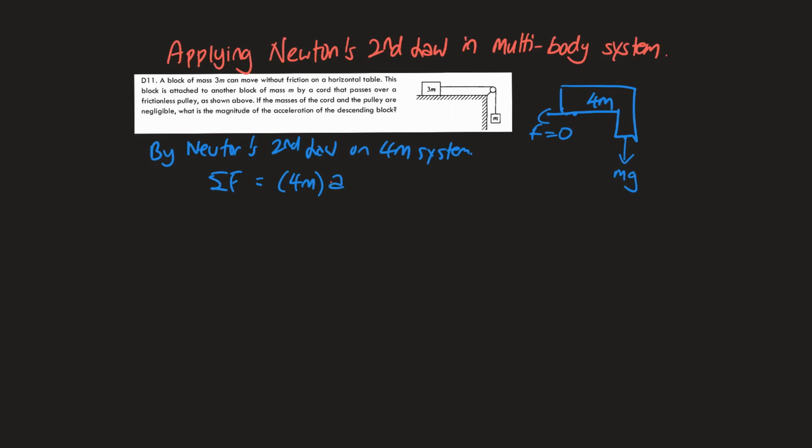In your FBD, when we deconstruct the net force, when you sum up all the forces, you realize that the only external force acting on the 4m system is simply mg.